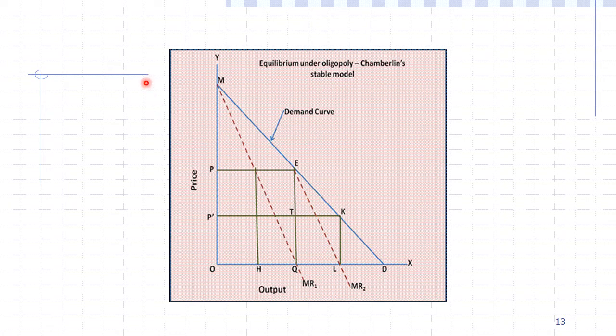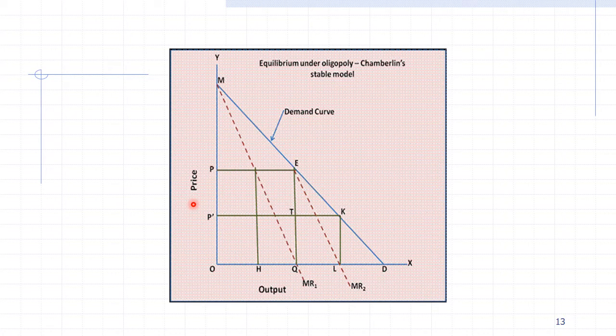For the first duopolist, producer A, the demand curve is now MD. According to that, you can derive the MR curve like this, MR1. The marginal revenue curve of producer A is MR1.